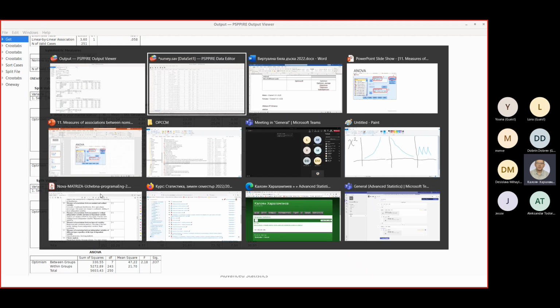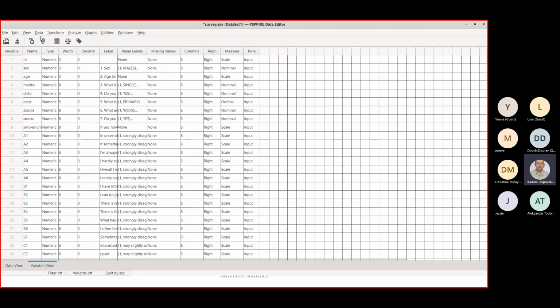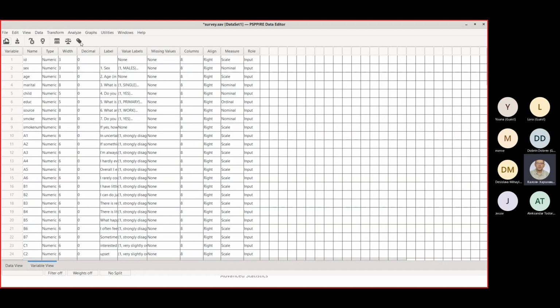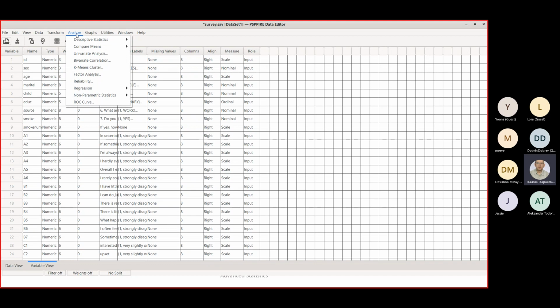I must unsplit the file, so I will choose data, split file, and then analyze all cases, do not create groups, then OK, and then I must repeat the analysis, the compare means ANOVA. So analyze, compare means, one way ANOVA, and just press OK.